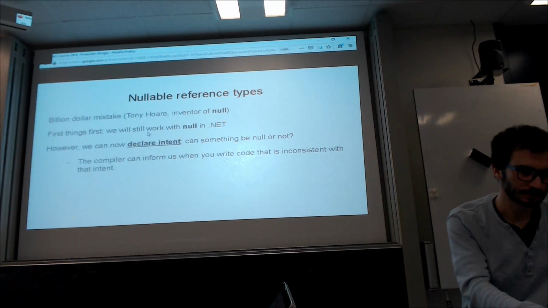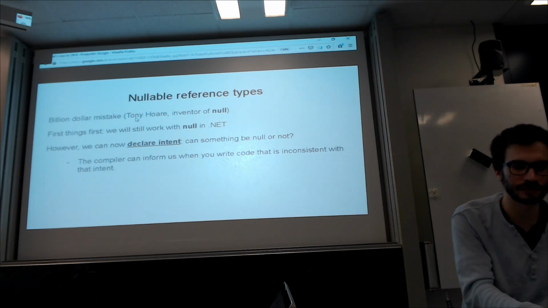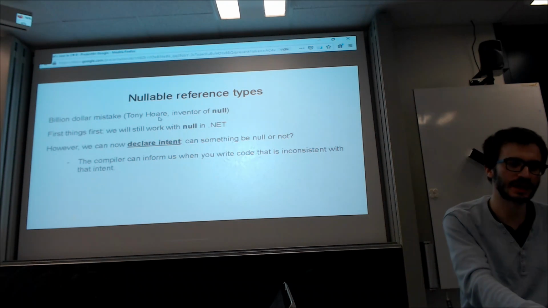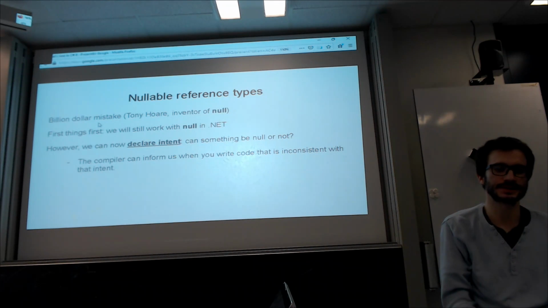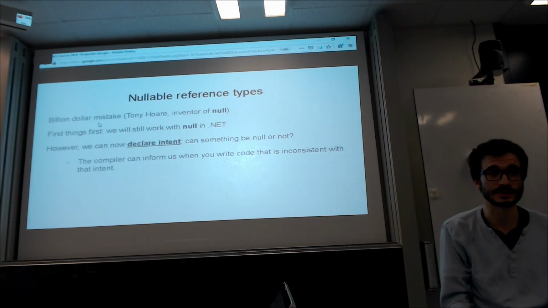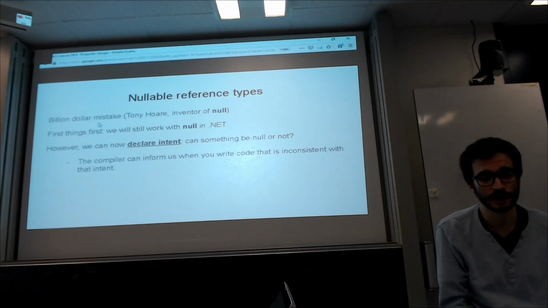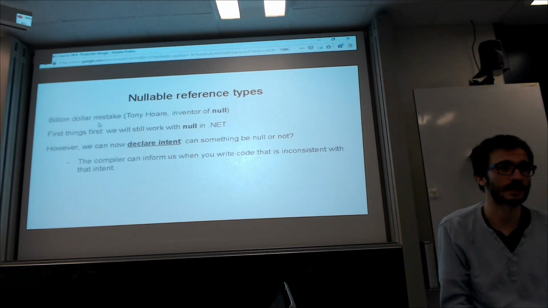The inventor of null, Tony Hoare, named null the billion dollar mistake because of null reference exceptions, basically null pointer dereference, which I think everybody in this room has had a problem with.